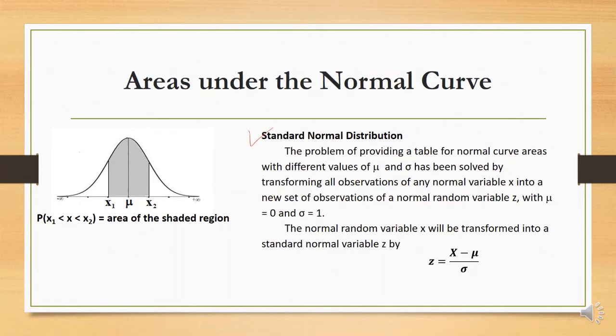The parameters of our raw data can be transformed into what we call the standard normal variable z. Okay, this one is the translation of our integration into a table. How we read the table is because of this formula.